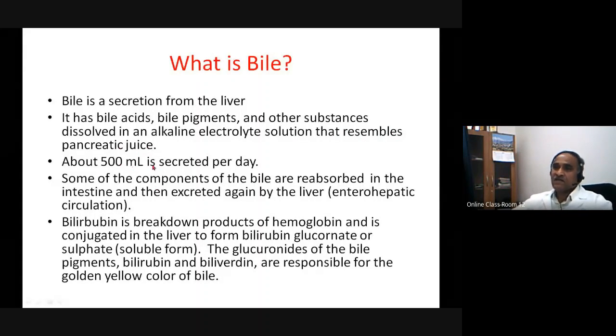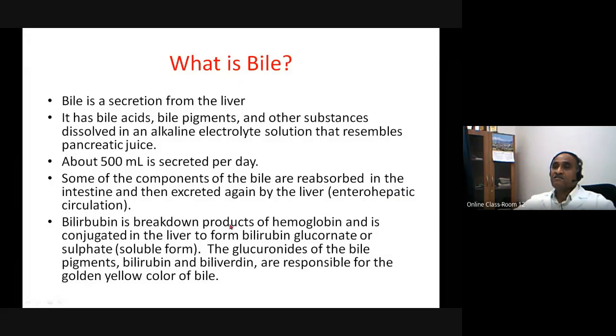Nearly 500 ml of bile is secreted every day in healthy individuals, and some of the components of the bile are reabsorbed in the intestine and then excreted again by the liver. So that means we have an enterohepatic circulation. Especially the bile acids which enter into the intestine come back and are recycled. So this is enterohepatic circulation.